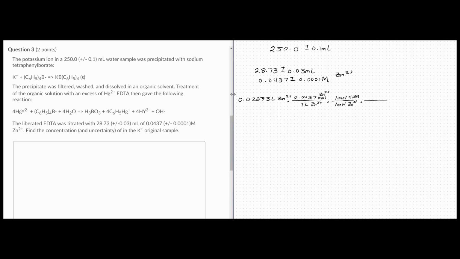Now I need to use the stoichiometry found in my equation. So 4 moles of EDTA, that's what the HY3 minus is, react with 1 mole of the tetraphenyl borate, TPB for short.